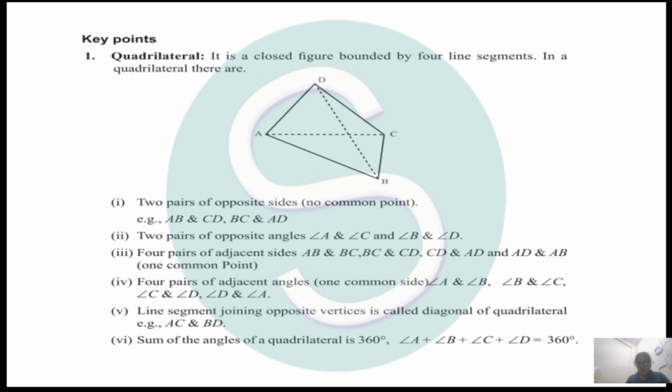If I join two opposite vertices A and C, then the line segment formed by A and C is called a diagonal of the quadrilateral ABCD. Similarly, if I join B and D, then again the line segment formed is called a diagonal of quadrilateral ABCD. So a quadrilateral has two diagonals. The last property is that the sum of all angles of a quadrilateral is 360 degrees.